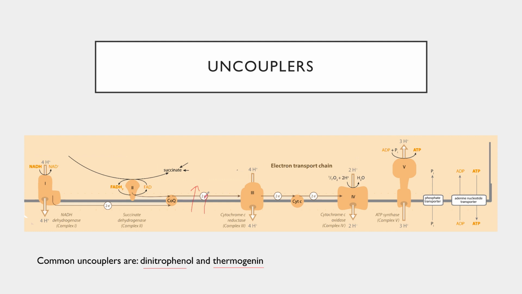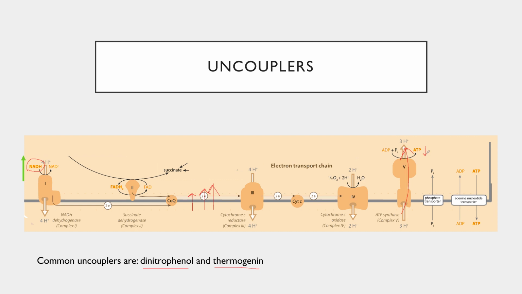So as protons are now able to flow across the inner mitochondrial membrane, they don't have to go through complex 5 to be transported. And this sets up an overall decrease in ATP production. The initial introduction of an uncoupler causes an increase in the oxidation of NADH, and this is in part due to the decreased production in ATP.